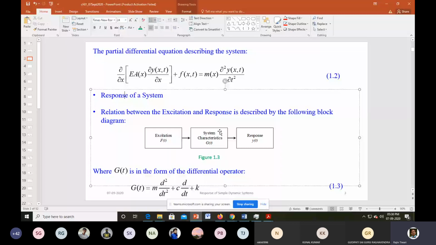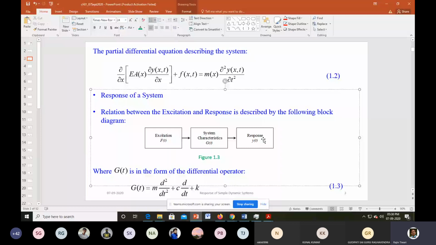Here you can see in the block diagram, there is a system characteristic, which is nothing but the system property. Maybe this is stiffness, damping, or mass. And in this system, we are applying some force, an excitation force, and this excitation force will give some response in the form of displacement or whatever.